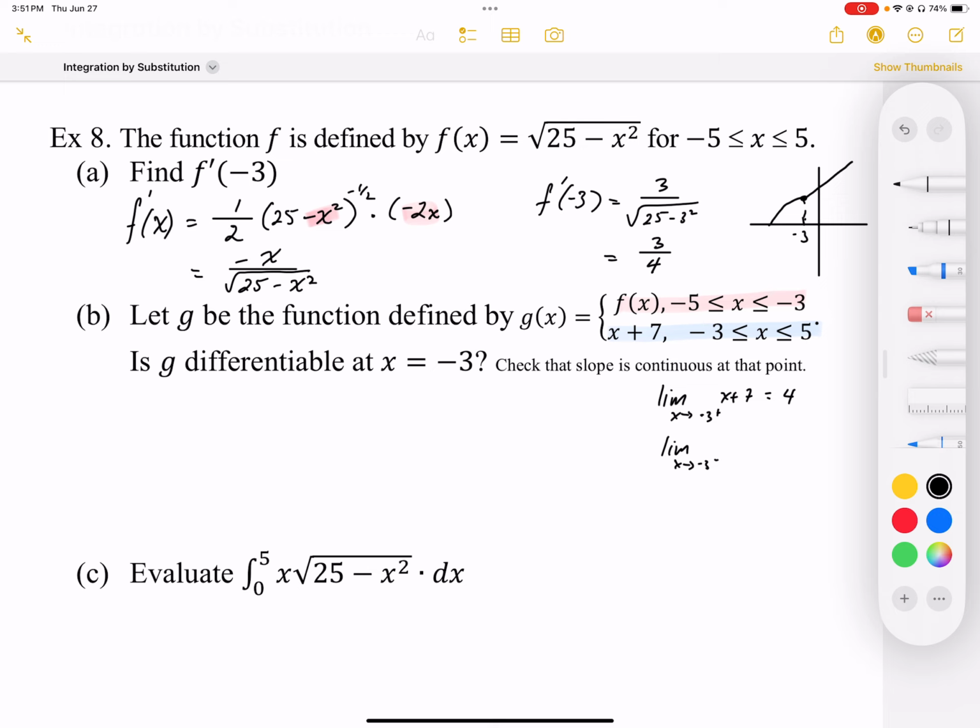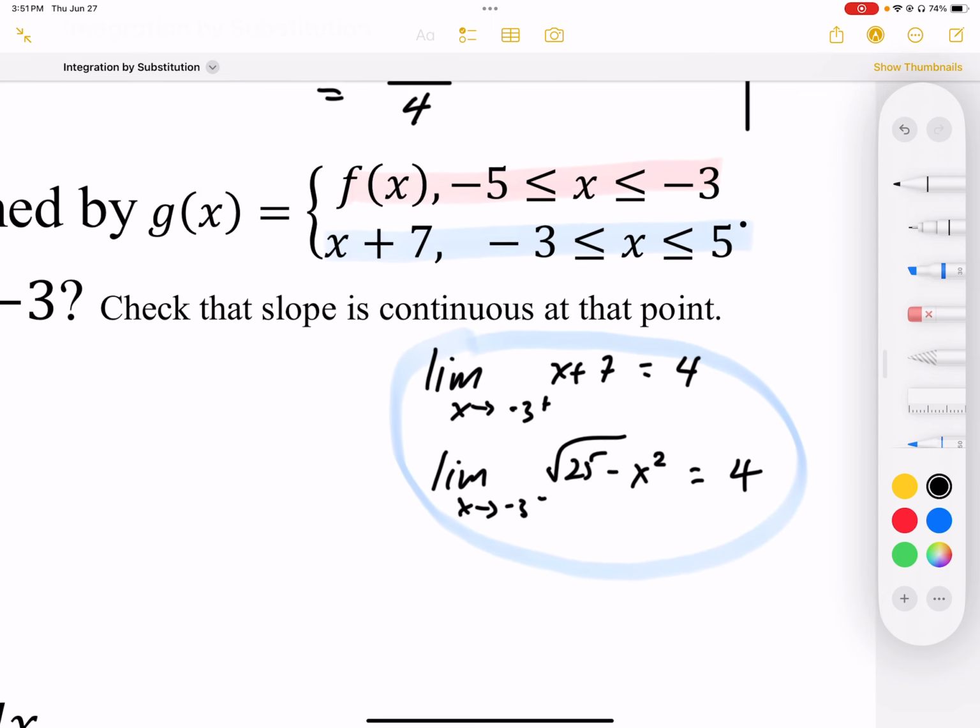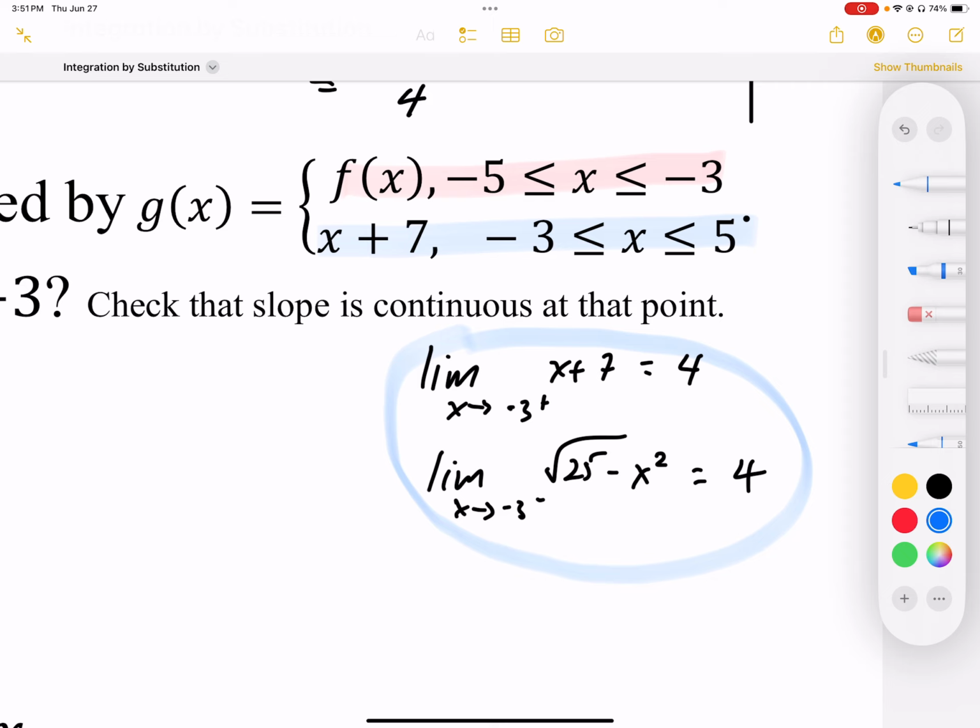When we plug that into the semicircle function, the y value at -3 for square root of 25 minus x squared, when we plug -3 in there, we get 4 as well. So we know that this is continuous. So here, together, we can conclude continuity. So this is, first of all, continuous.